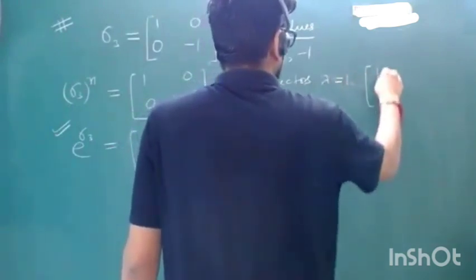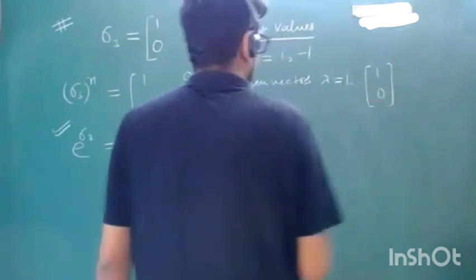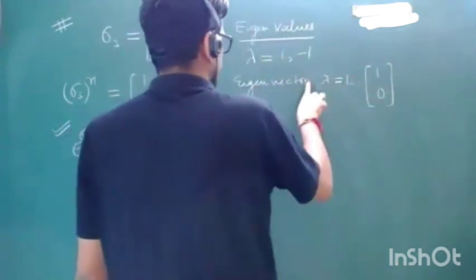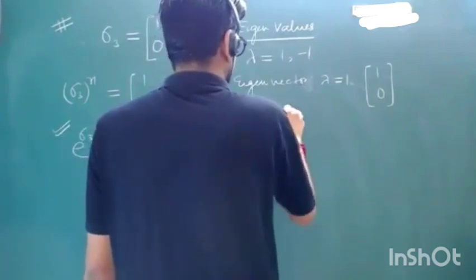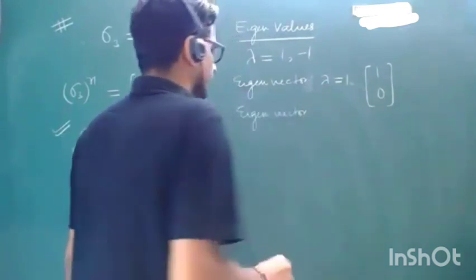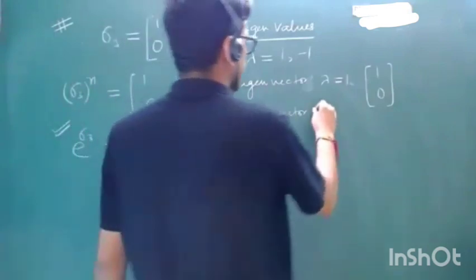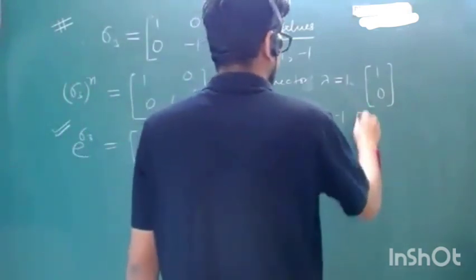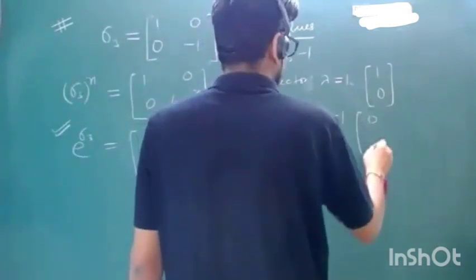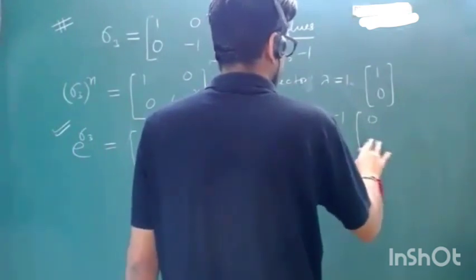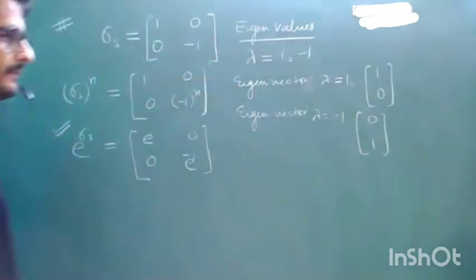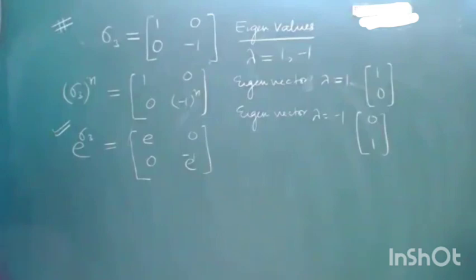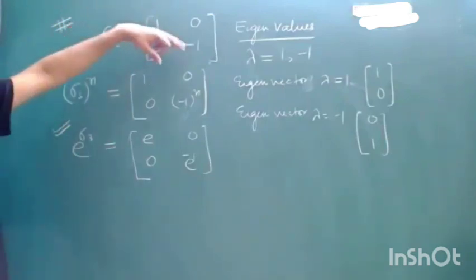It will be 1 0, and eigenvector corresponding to lambda equal to minus 1 will be 0 1. Okay, so you have to calculate actually, and you can see from here also.